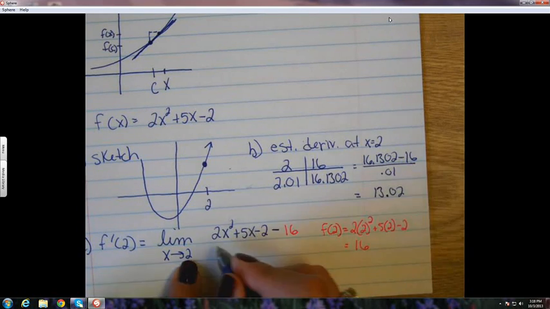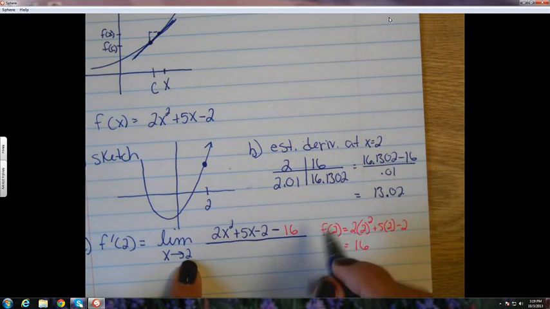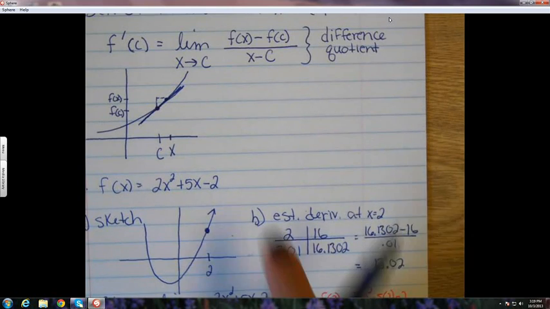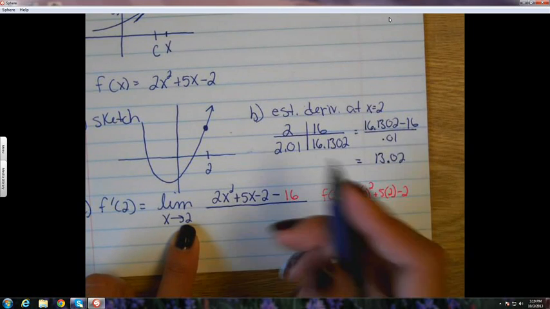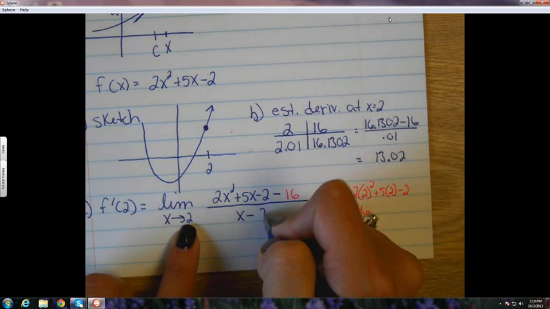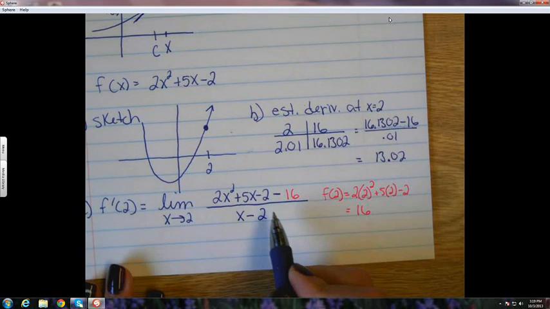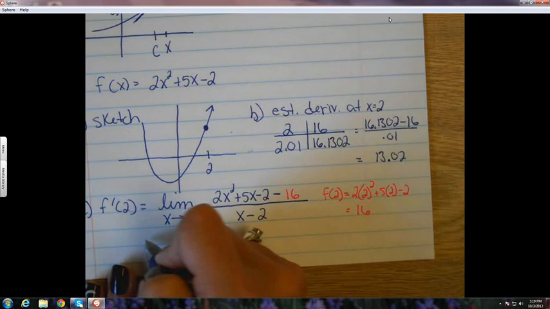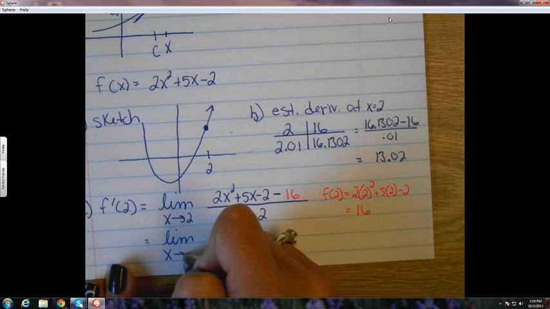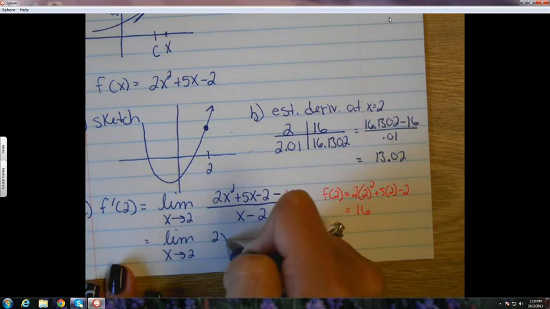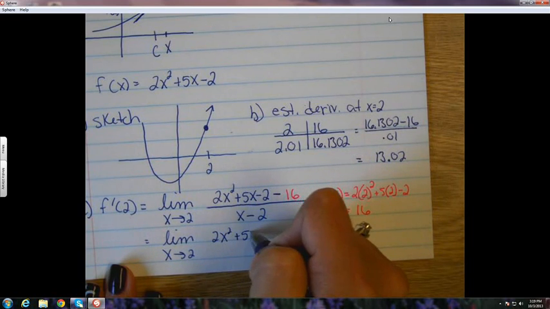You have to plug the c value into the function. And then we divide by, and on the bottom, it's just x minus your c value. So it's x minus 2. Now I can do a little simplifying here. So it's the limit as x approaches 2 of 2x squared plus 5x, and I'll have a minus 18.